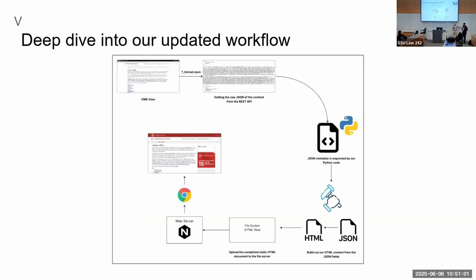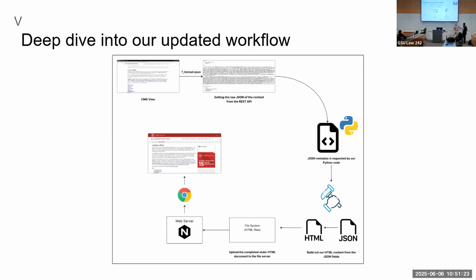That is very useful because you don't have to web scrape the CMS page or raw HTML. You get the JSON, and we send that JSON to our Python code, our API. And that is where we do our little pre-processing.